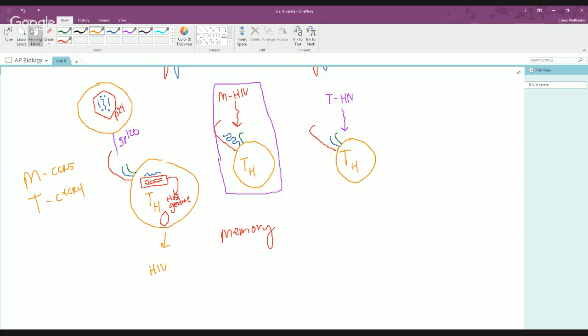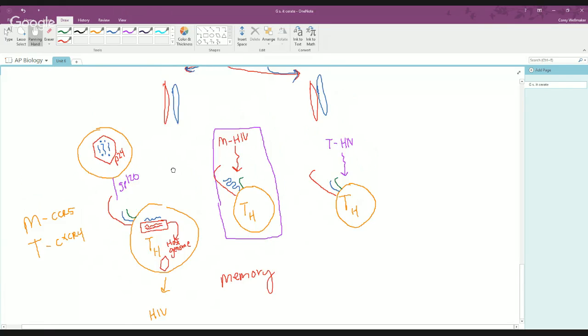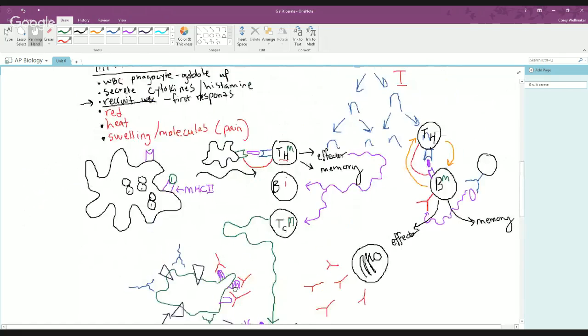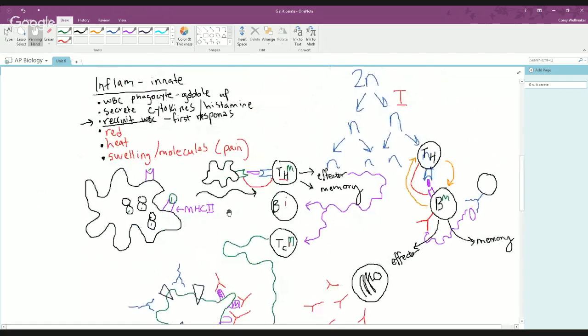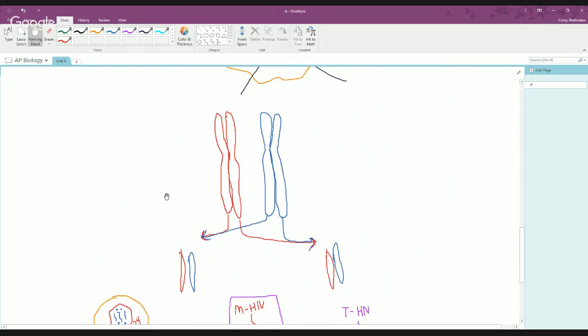What makes HIV so deadly is that this process gets shut down because HIV is destroying these cells, which means your body is unable to activate B cells and unable to activate cytotoxic T cells. So your immune system basically crashes. No bueno.